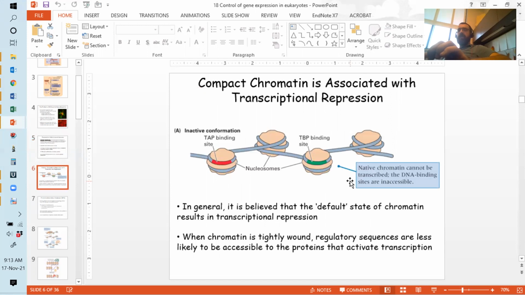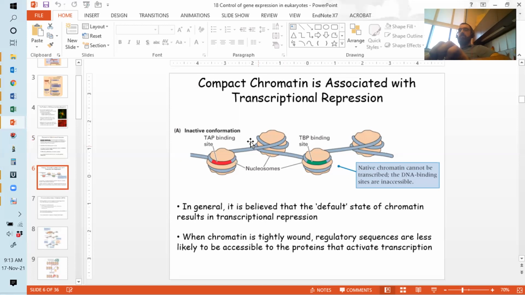So essentially, heterochromatin, or compact chromatin, equals transcriptional repression. Genes are off, and it's generally believed that that's the normal state of affairs.